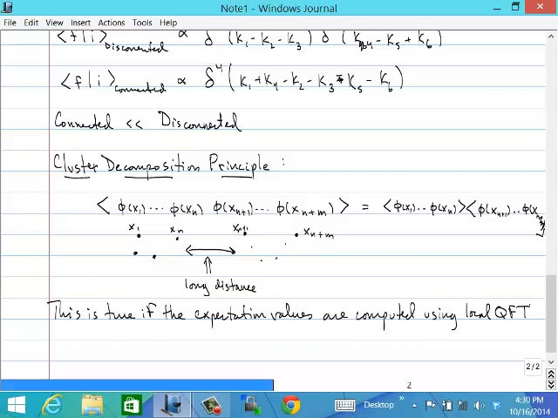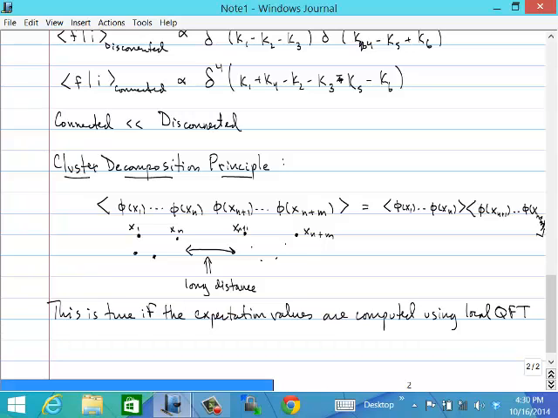So in particular, if the phi's here are the fields of some local quantum field theory, and these expectation values are computed using, say, the Schwinger-Dyson equations or the Feynman diagram expansion, then you can easily convince yourself that this is true.